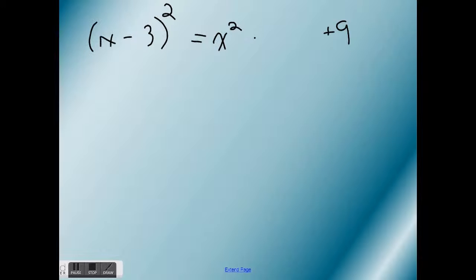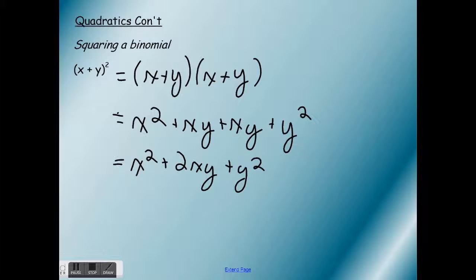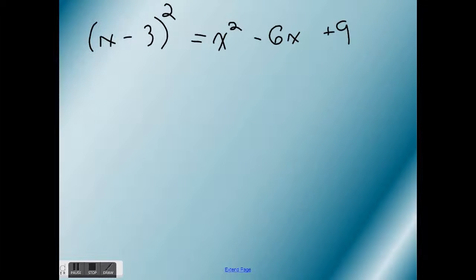And then the middle term will be 2 times x times negative 3, which is minus 6x. And you can follow those steps just to shorten your work a little bit. Mind you, if you forget how to do this, there's no problem showing all of this to get your answer. That's fine. It's just a little shortcut that might help.